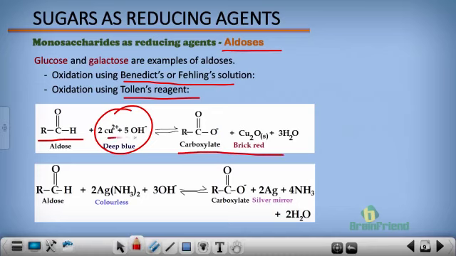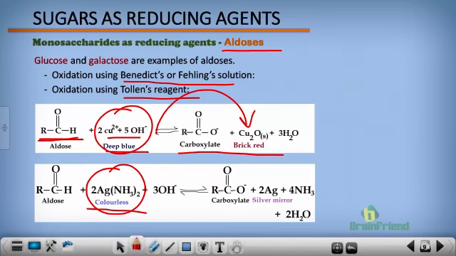So, this solution is deep blue in color, but on reacting with an aldose, it will be reduced to a brick red copper oxide, okay? So, that is how a reducing sugar can reduce Benedict's or Fehling's solution. For Tollens' reagent, an aldose can also react with this weak oxidizing agent to reduce it to ordinary silver.